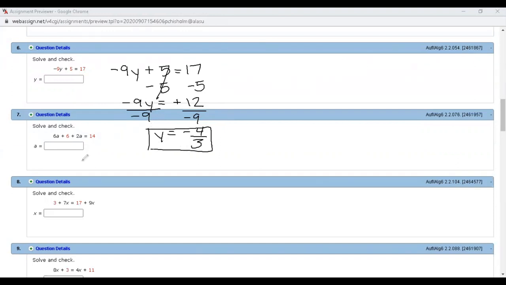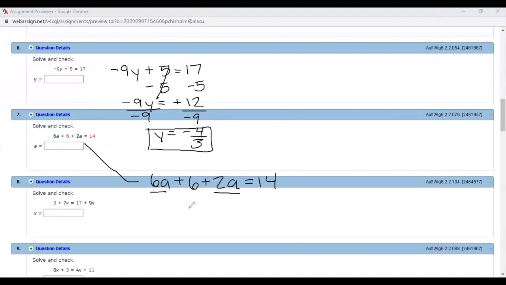Okay, let's look at number 7. For number 7, we have 6a plus 6 plus 2a equals 14. So the first thing that I need you guys to notice is if both sides of our equation are simplified. Here we have a 6a and a 2a on the left side.